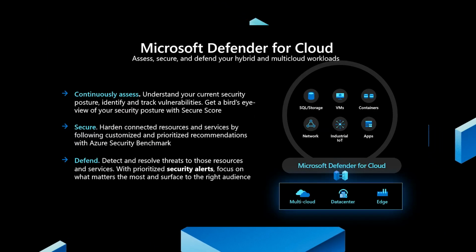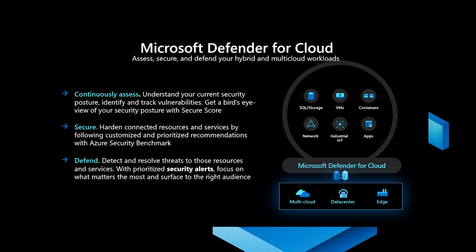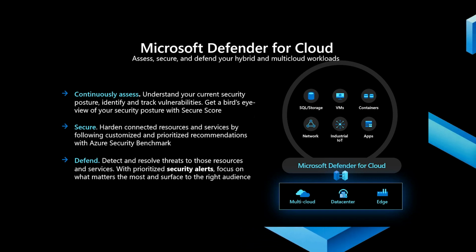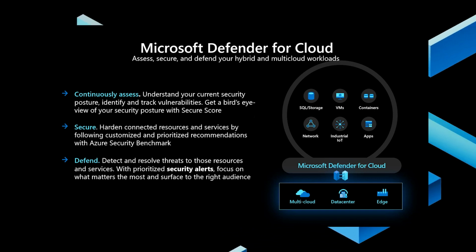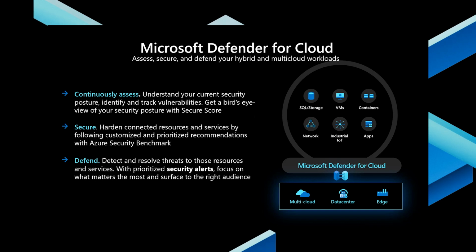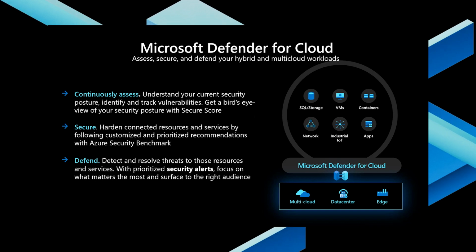Defender for Cloud also offers powerful security capabilities, hardening connected resources and services by providing customized and prioritized recommendations based on the Azure Security Benchmark. Now, these prioritized and customized recommendations extend to your non-Azure resources as well that have been Arc-enabled.